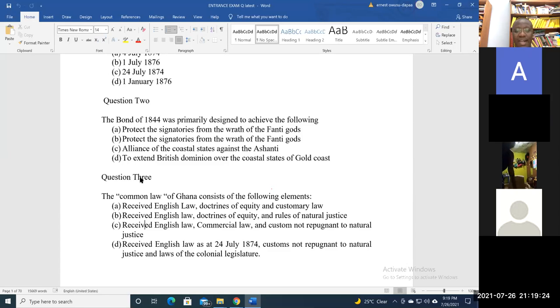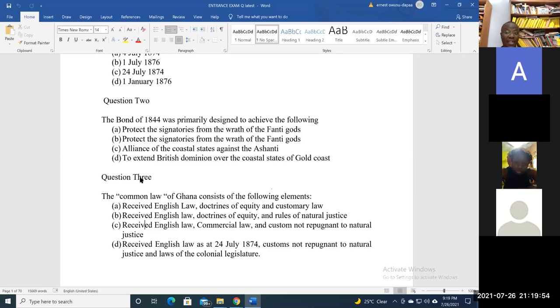D: Received English law as at 24th July, 1874, customs not repugnant to natural justice and laws of the colonial legislature. Now, D may deceive you, but D is not the answer. Because if you talk about the common law of Ghana, unless the question had limited you to the Supreme Court Ordinance of 1876, but if the question simply says common law of Ghana, then our understanding of what it is should be from the Constitution, that is Article 11.